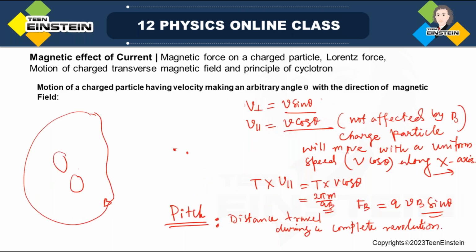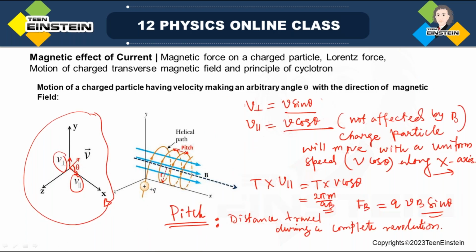So the pitch is 2 pi m by qB into v cos theta. You have to multiply the velocity component parallel to the magnetic field with the time period, so that you get the pitch. Pitch is denoted by p. So this is the pitch of the helix or helical path.